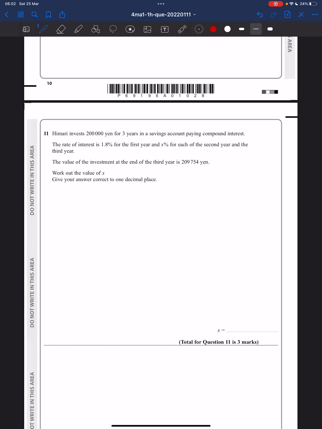Okay, so the first year, 200,000 times 1.018. That's going to give you 1.8% interest. 1 means you get all your original 200,000 back. Okay, and then 1% is 0.01, and then that extra 8 tacked on the end there.